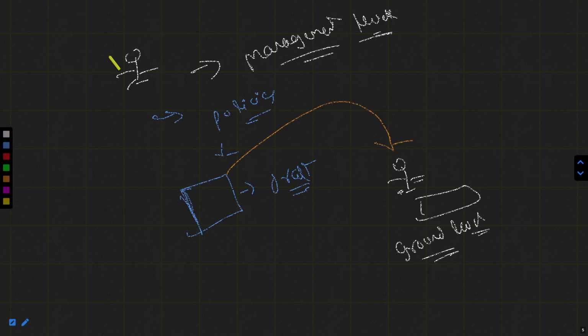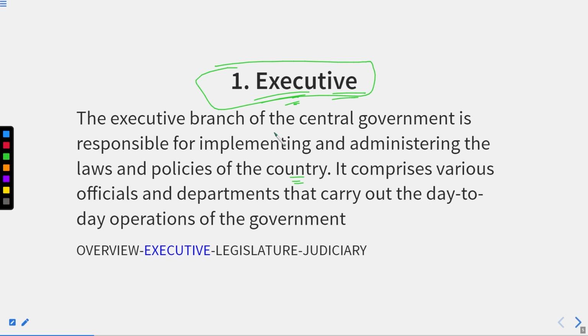In such a case, the first will be the policy maker, and the second will be the executive because he is executing the plan which has been made. It means he is implementing the things on the ground. The same thing happens with the executive. Basically, the legislature is responsible for making policies and the executive is responsible for implementation and administration. Got it? Please keep this in your mind.